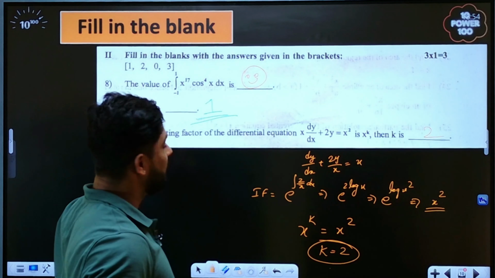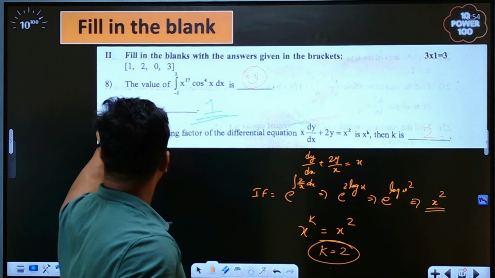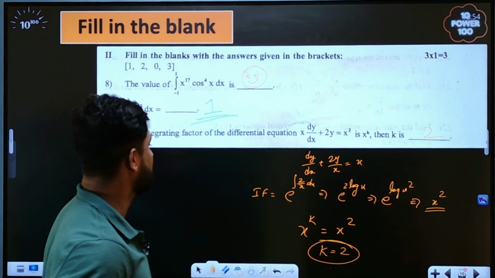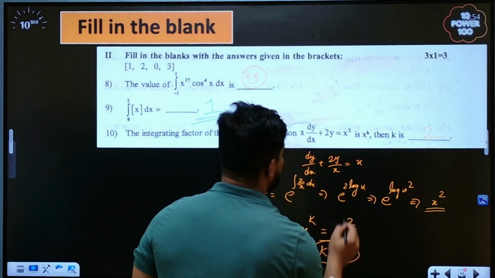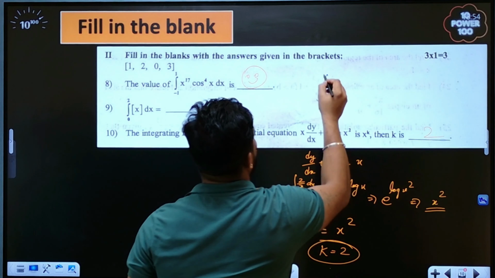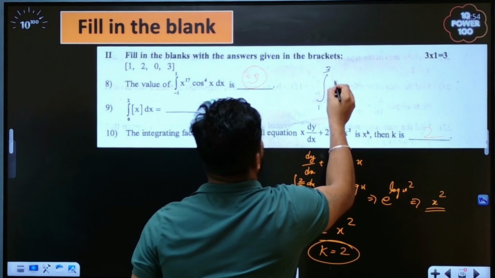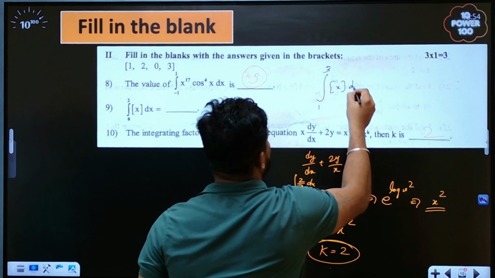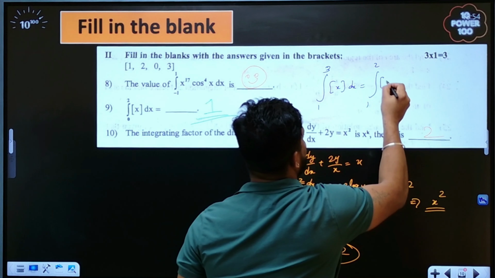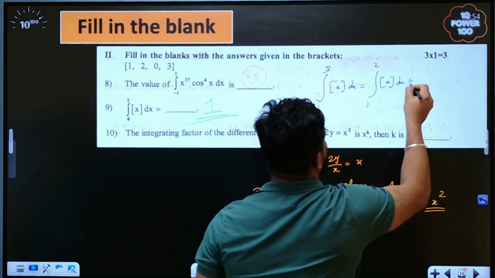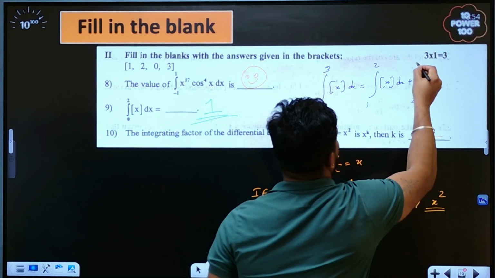So this is the integral involving the greatest integer function. If I have to consider one more example, it is very simple. I'll take the integral from 1 to 3 of the greatest integer function dx. This can be taken as the integral from 1 to 2 of the greatest integer function dx plus the integral from 2 to 3.